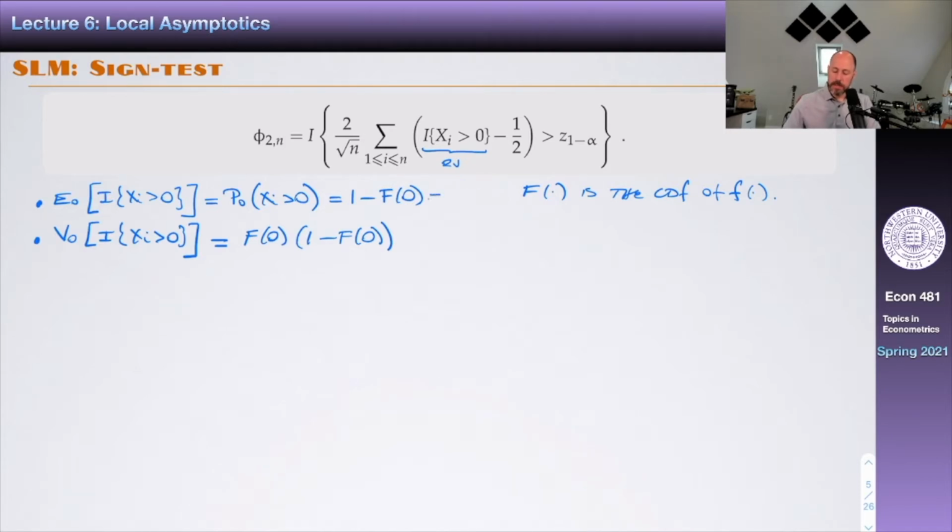Notice that this here under the null is 1/2, and this here under the null is 1 over 4, because under the null, the distribution is symmetric at 0, right? And so f of 0 is a half.